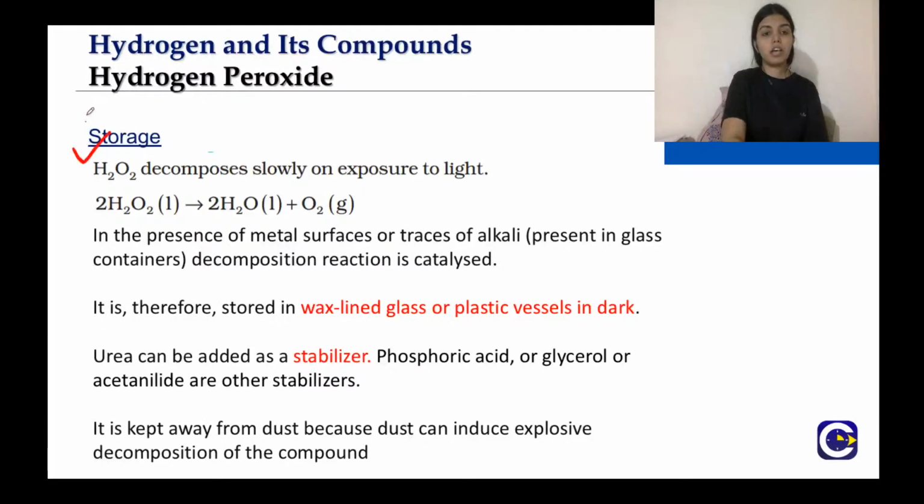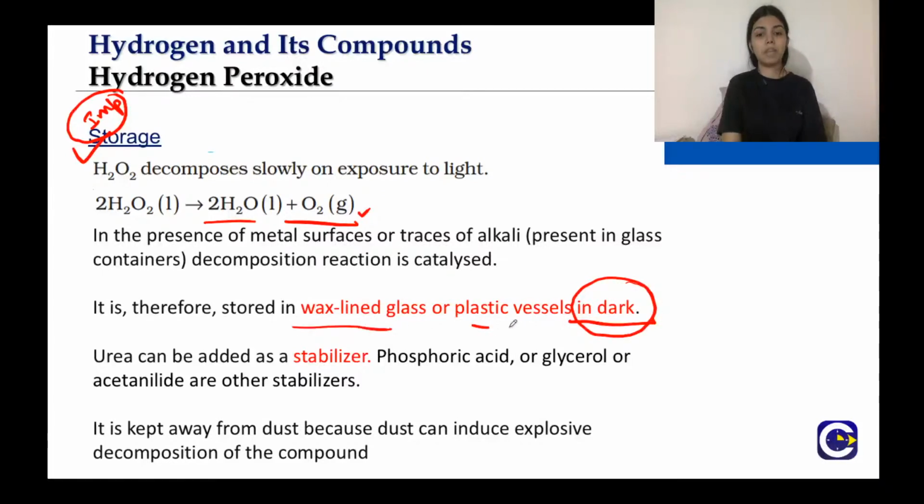This is an important thing that you need to remember about hydrogen peroxide, that on being subjected to light, peroxide decomposes into water and oxygen, right? So in the presence of light, this reaction is catalyzed. Therefore, the bottles of H2O2 are stored in dark, either in wax lined glass or in plastic vessels.